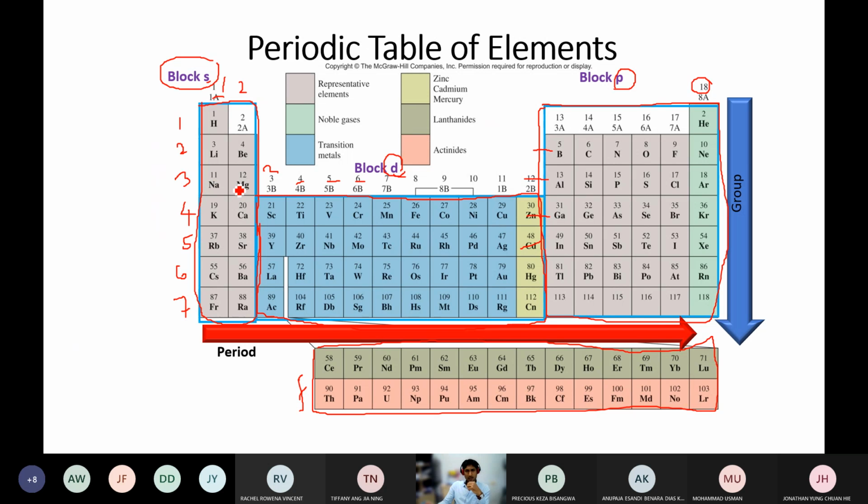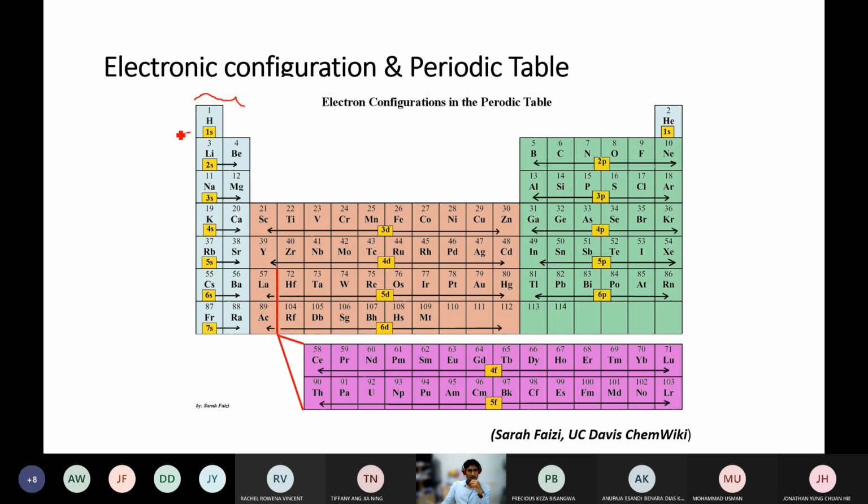All right, another thing: it should be group here and period there.